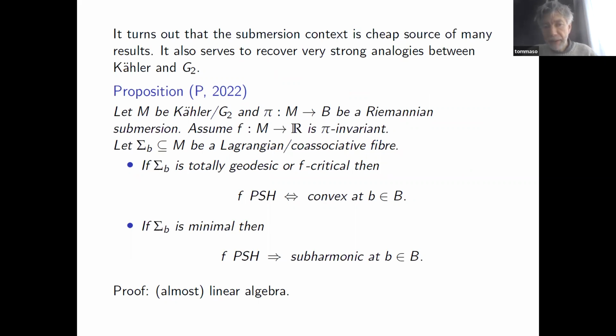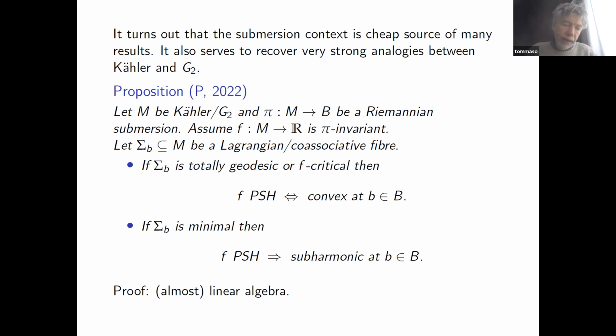And these are basically the same results that one can find in the Kähler case, one can also find in the G2 case. For example, Hadamard and Hardy said, look at invariant functions for the fibration. If we do that, we once again find a correspondence between pluri-subharmonic functions above and convex functions below in both geometries. Or we find a correspondence between pluri-subharmonic and subharmonic, depending on the assumptions that we put on our fibration.